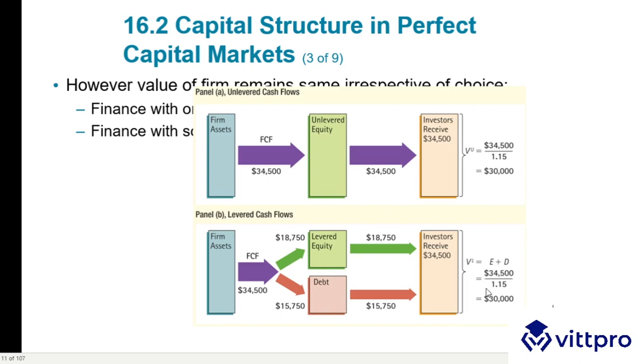The weighted average cost of capital will remain at 15%. So the cost of equity will increase. Slightly confusing, right? Let's make it a bit easier. In both cases, the weighted average cost of capital will remain the same. It will not change at all. It will remain the same.